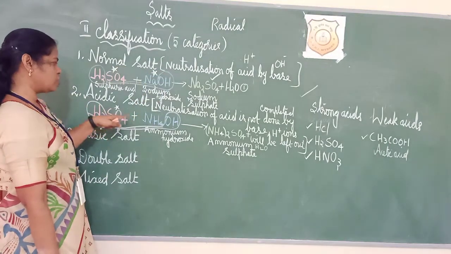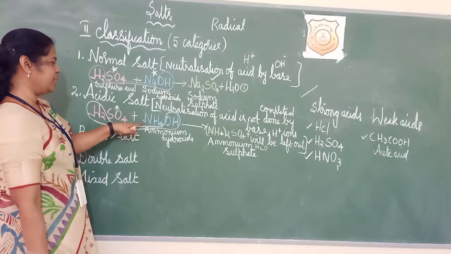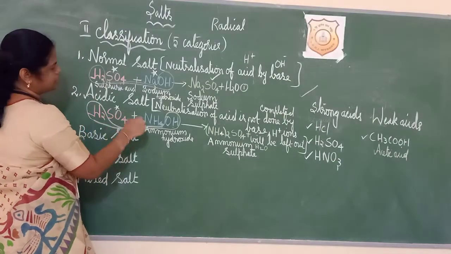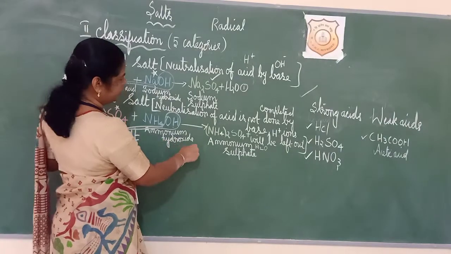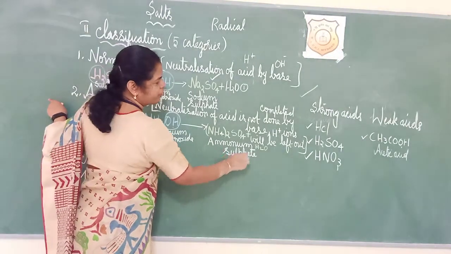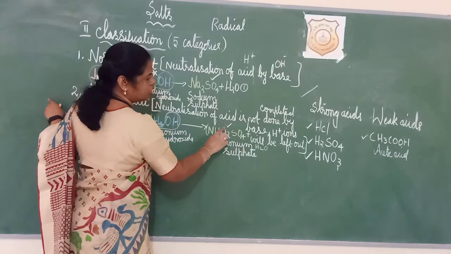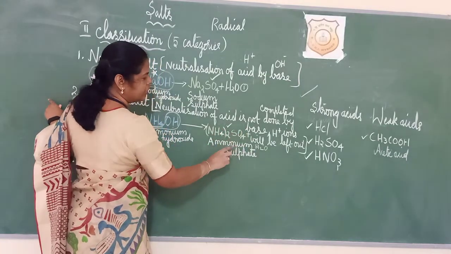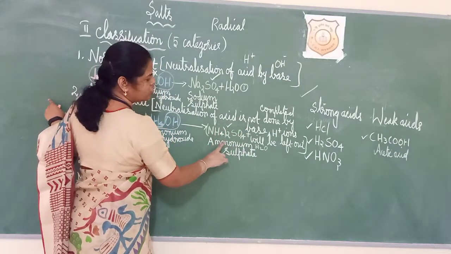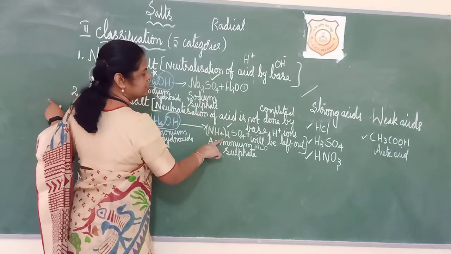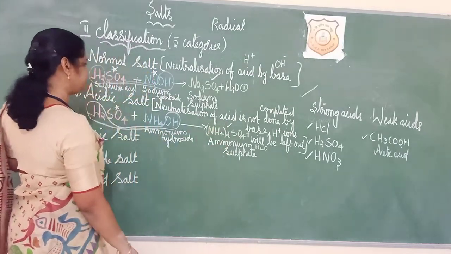Here acid is strong, but the base is weak. So sulfuric acid plus ammonium hydroxide gives ammonium sulfate plus water. Which salt is this? Acidic salt. By seeing this salt, you can tell who is strong? Acid is strong and base is weak. So it is called as acidic salt.